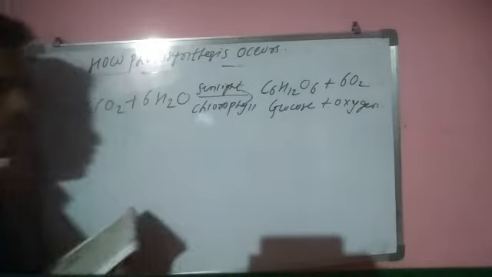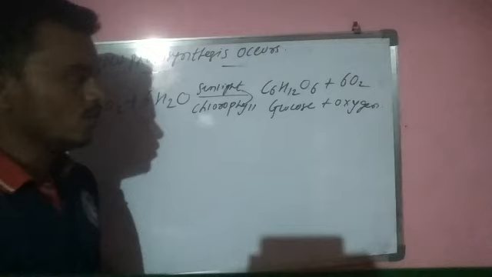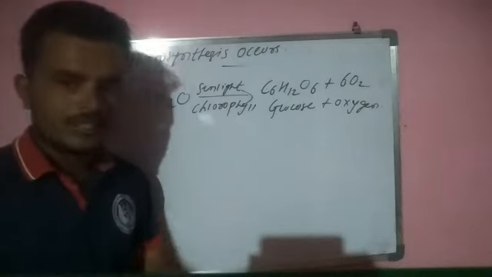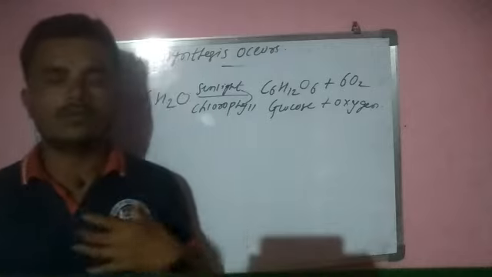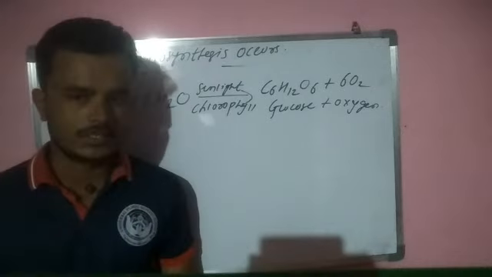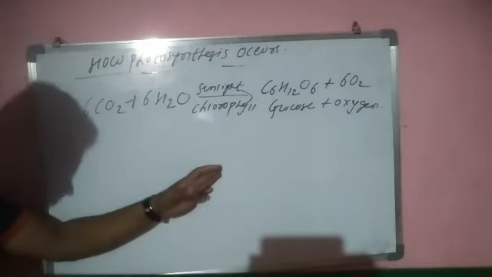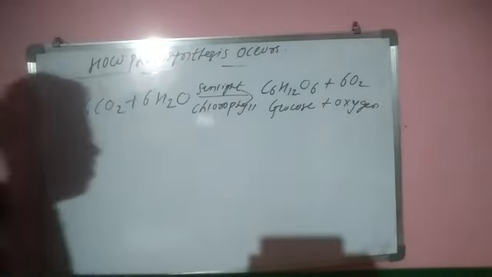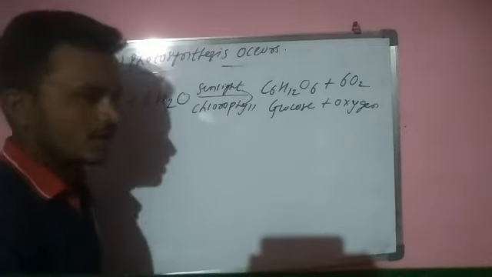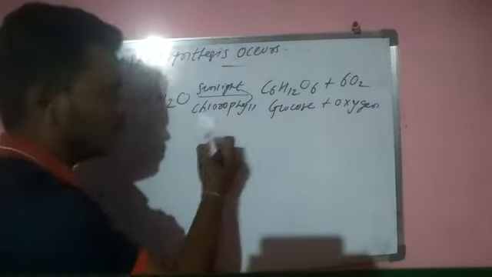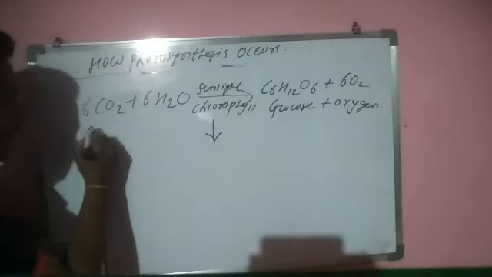Listen, when the photosynthetic process is complete in the green plants, it gives glucose and oxygen. What do we get when the photosynthesis process is complete in a green plant? Glucose and oxygen. Listen everybody, with the help of a chemical reaction, the net result of photosynthesis is the production of glucose and oxygen.